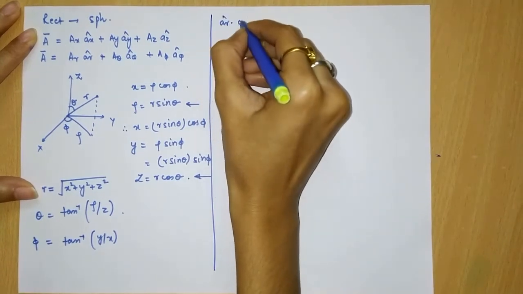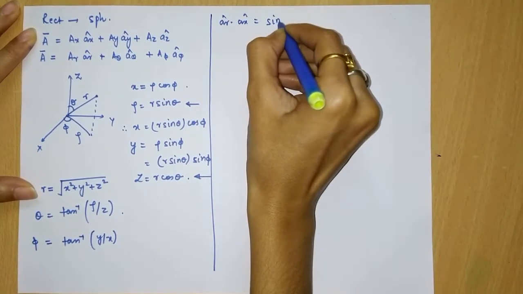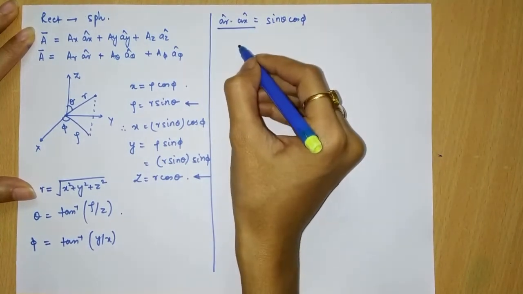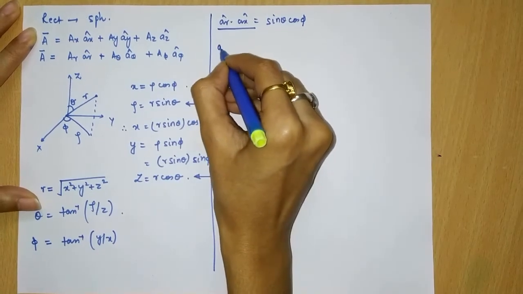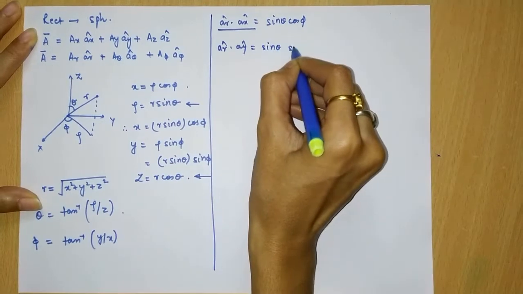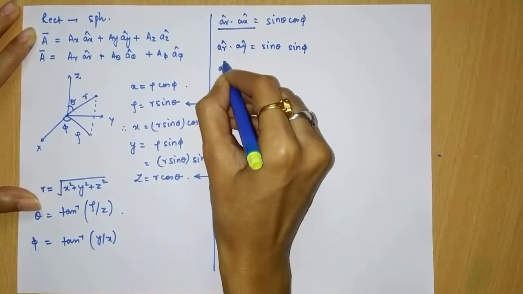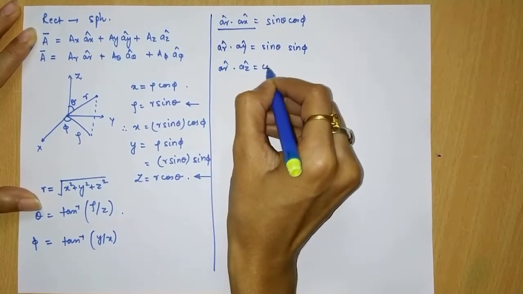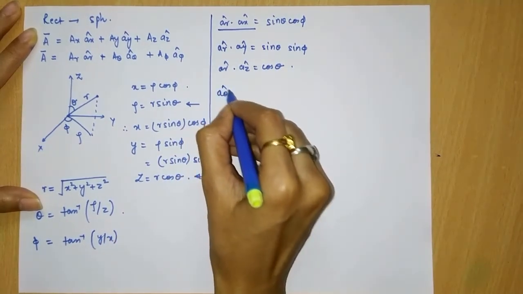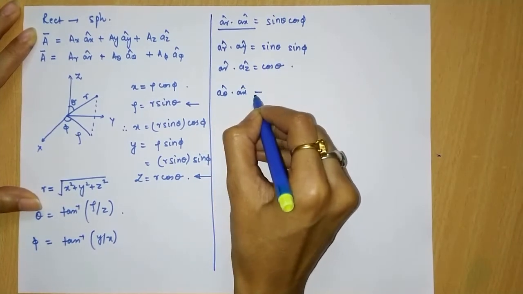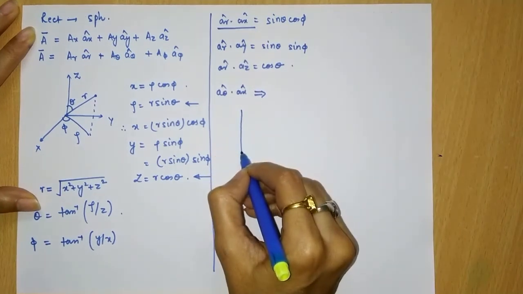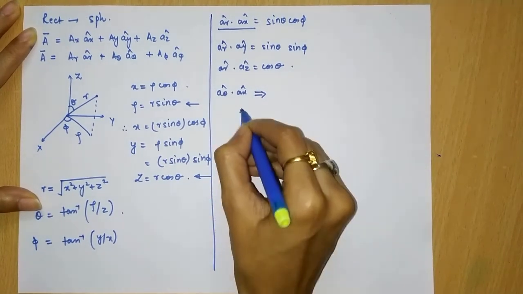Ar cap dot ax cap is equal to sin theta cos phi. This means the component of r in x direction. Next, ar cap dot ay cap is equal to sin theta sin phi. Ar cap dot az cap is equal to cos theta. Now, we know that aθ is perpendicular to this ar cap direction.